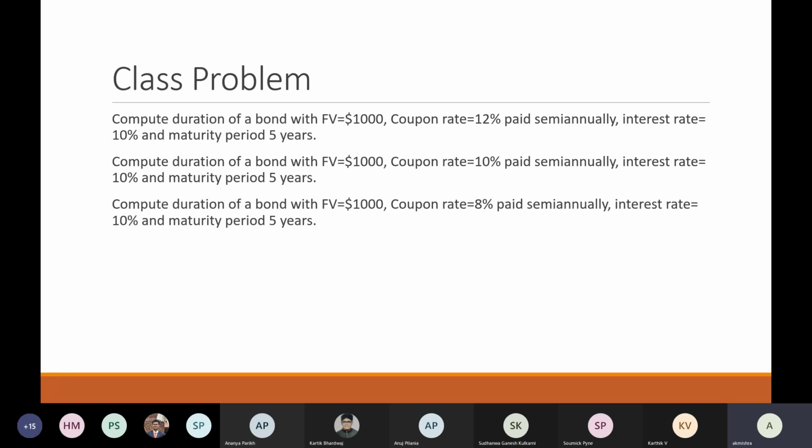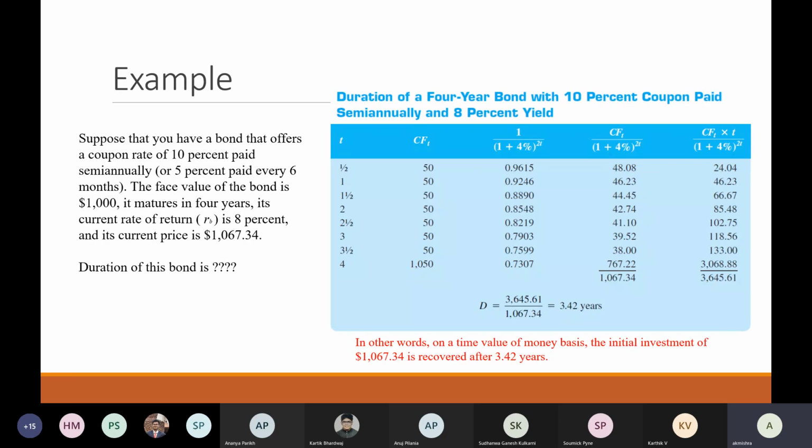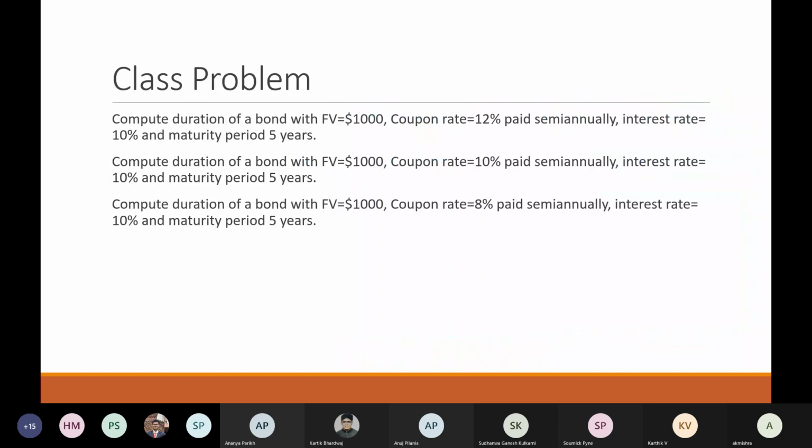Students, take 10 minutes, calculate the duration for these three different bonds, and then we'll discuss. This is very easy. Even if you want, I can show you this table. I'm expecting that you are going to solve this problem, and then we will come back and discuss whether you are able to calculate it or not.